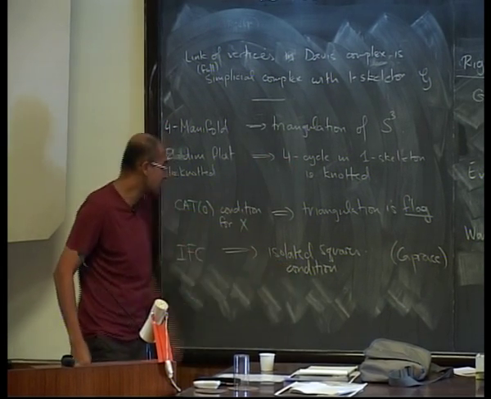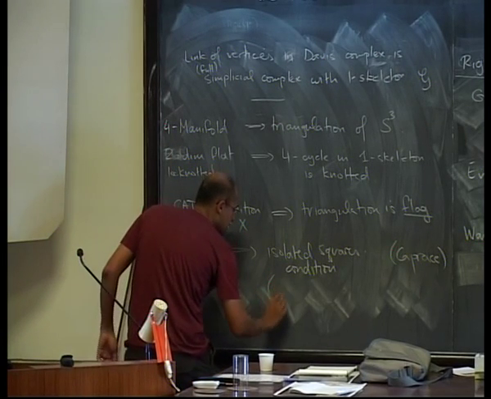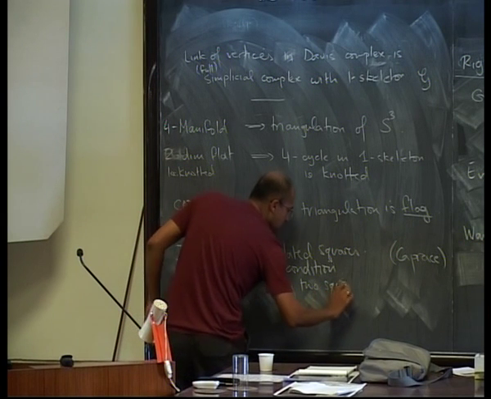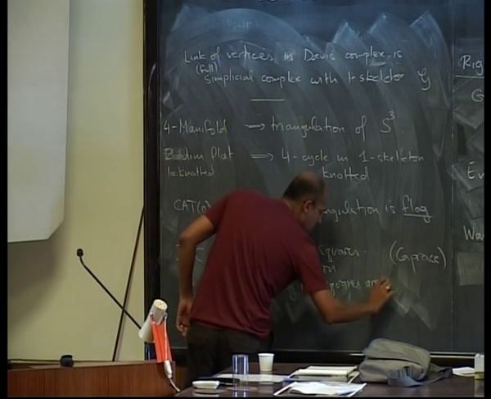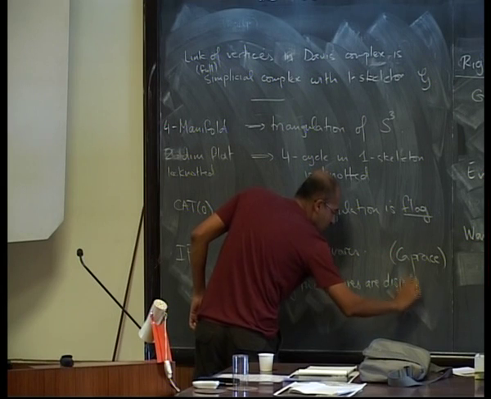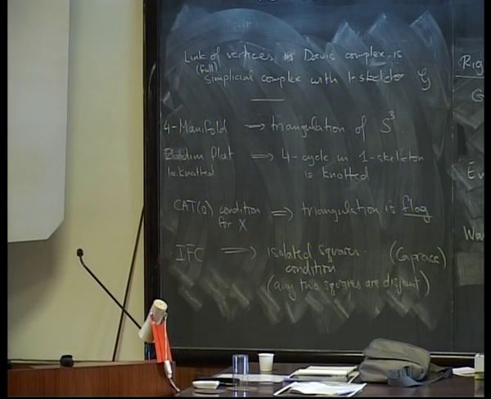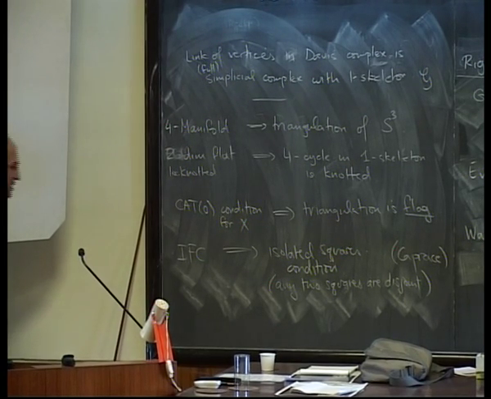And the isolated squares condition is that any two squares are disjoint. Now, the challenge is to construct such a triangulation of the three-sphere.